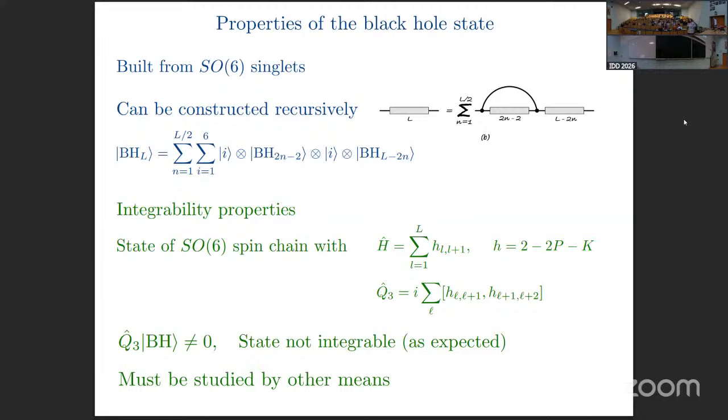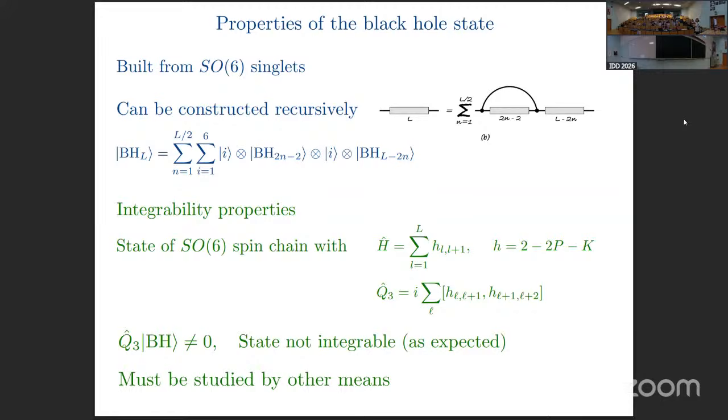You can also say something about its integrability properties. So it's of course again a state of the SO6 spin chain. And as I explained, we can check for the integrability of the chain by checking if the odd charges annihilate that state. And the odd charges, in particular the first one, you can construct easily from the Hamiltonian of the spin chain.